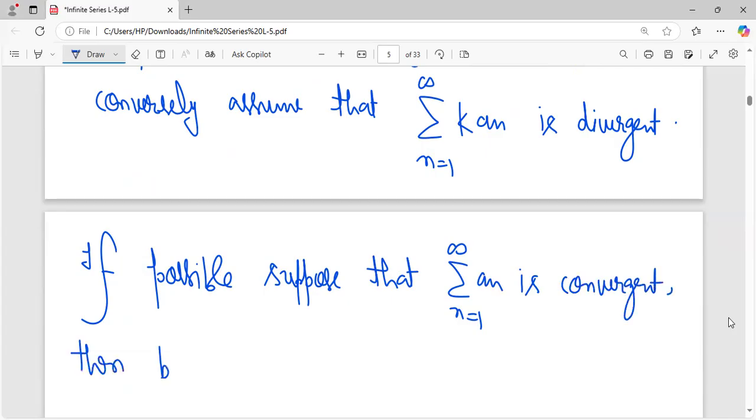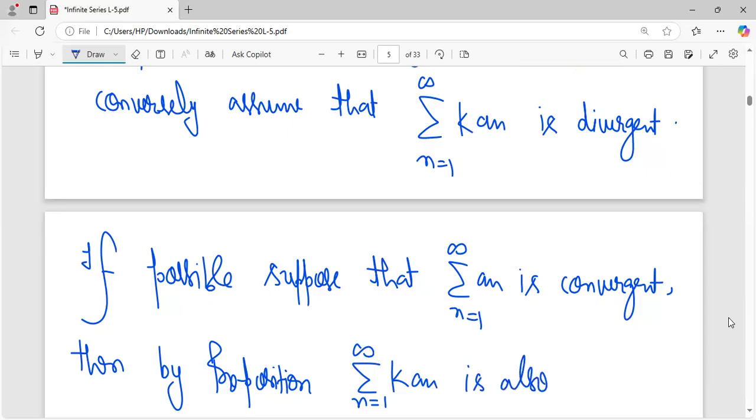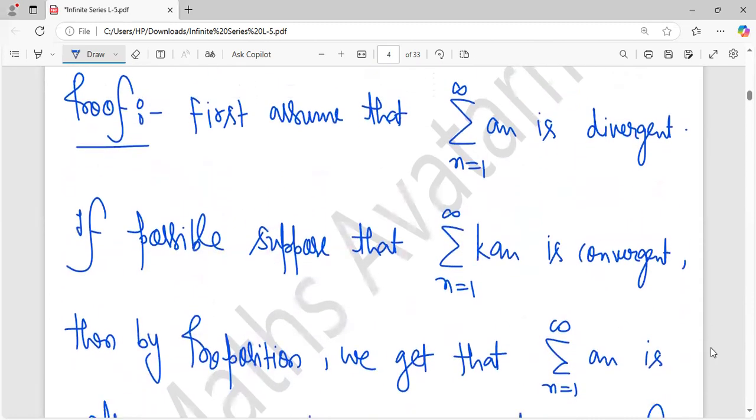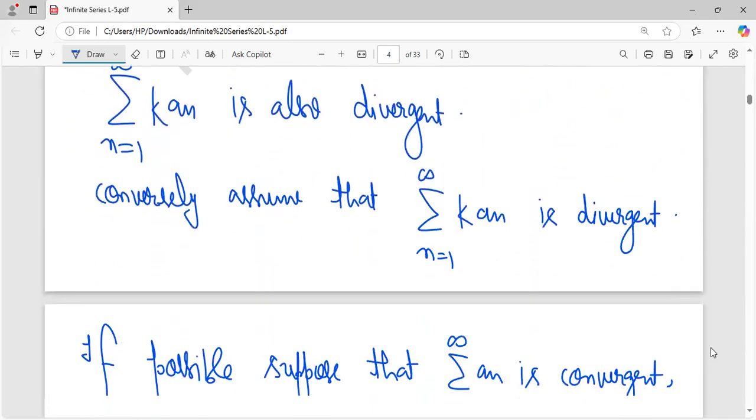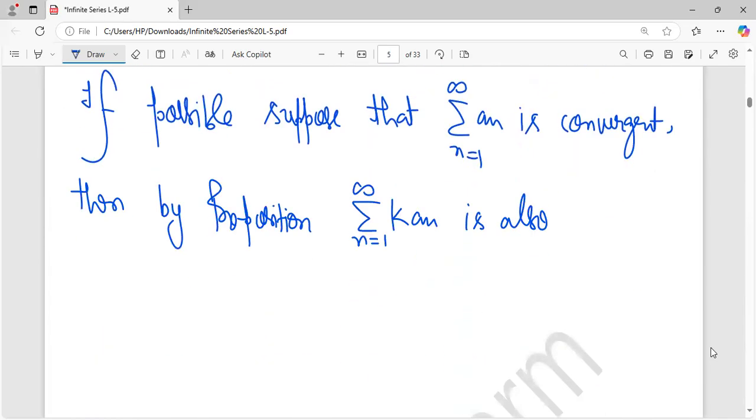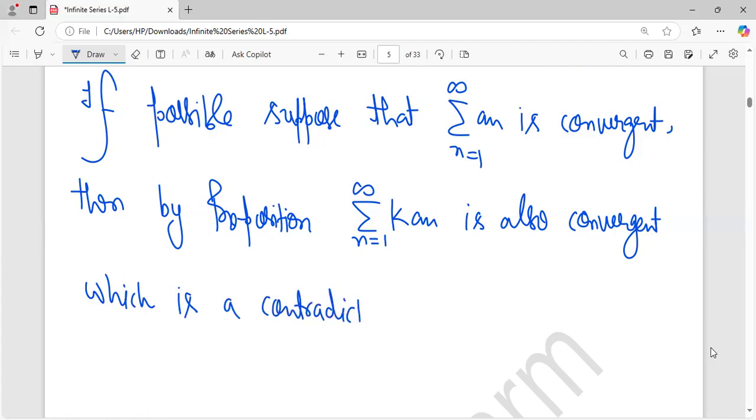Then by the proposition, this series summation n goes from 1 to infinity k times a n is also convergent, which is a contradiction because we have assumed that the series summation n goes from 1 to infinity k times a n is divergent.